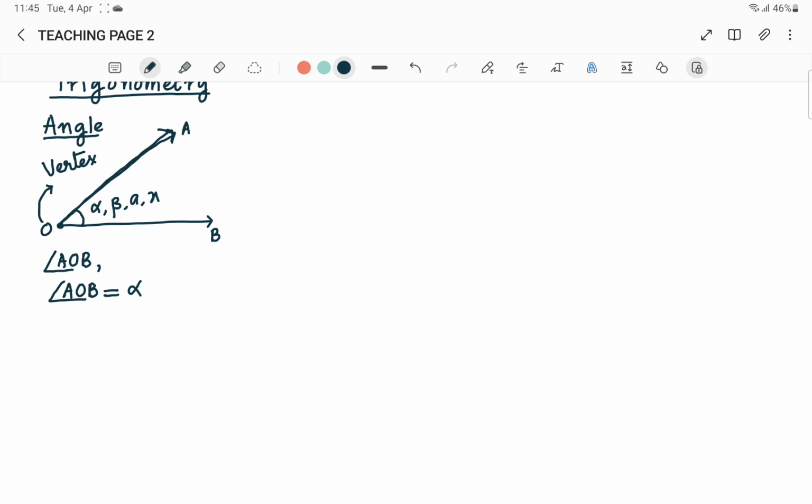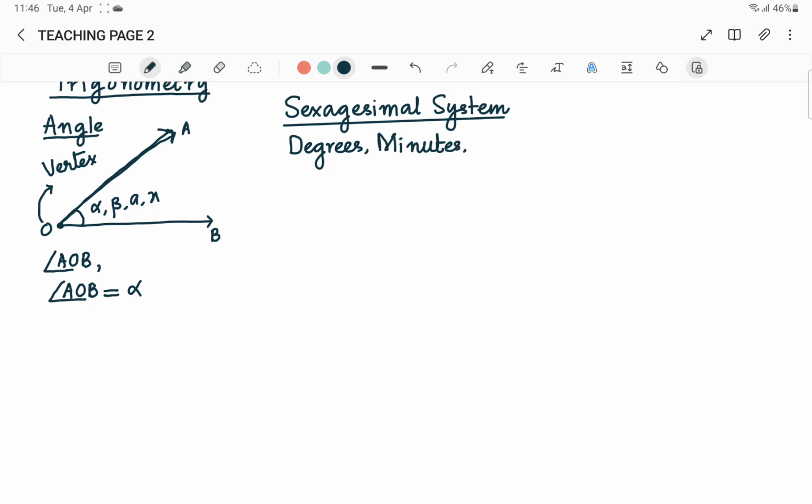Okay, now we'll take up measurement systems. The first one is the sexagesimal system. In the sexagesimal system, angle is measured in terms of degrees, minutes, and seconds.